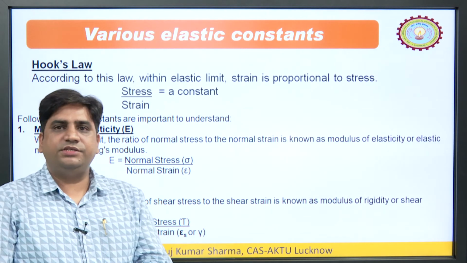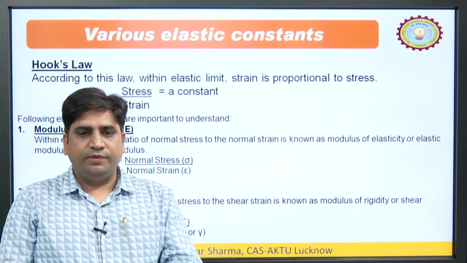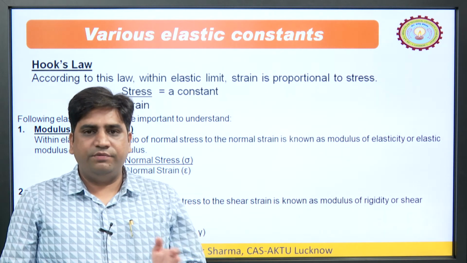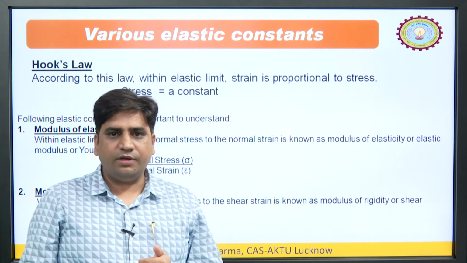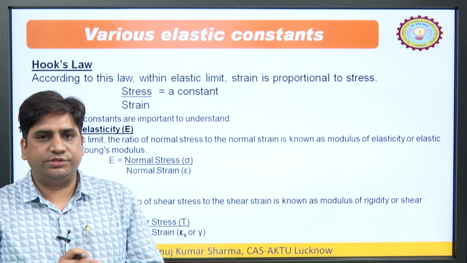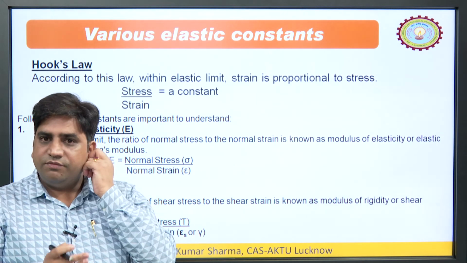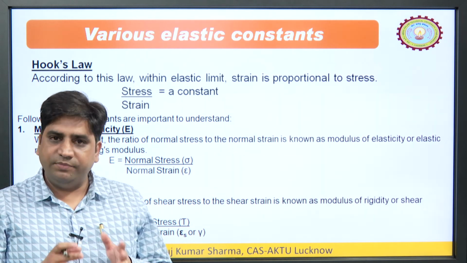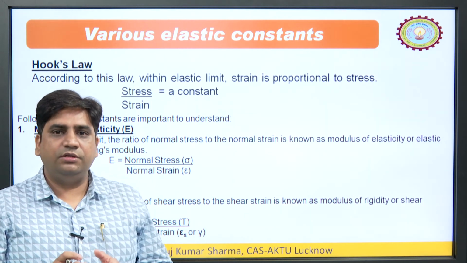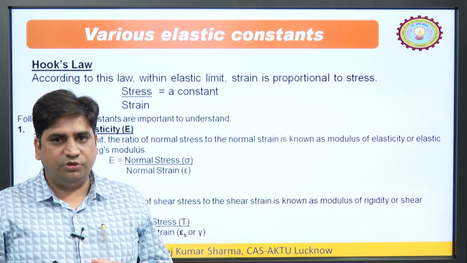Now, these elastic constants are very important. If we want to understand the behavior of the material under different conditions of loading, then we have to understand the various elastic constants. What are elastic constants? Constants means they are dependent on the type of material, they do not depend on the size of the object.